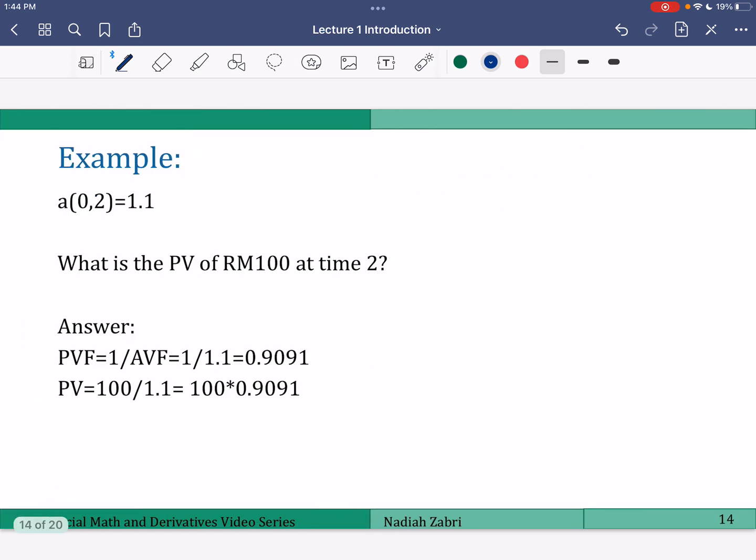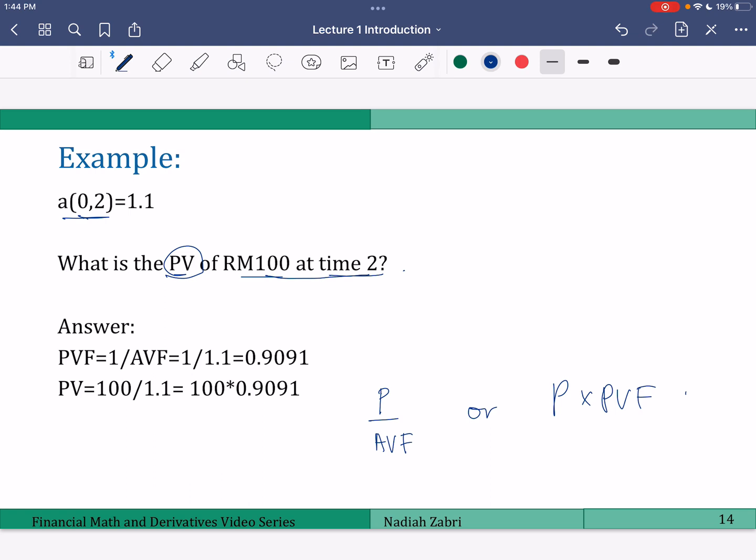Okay. Example. We are given the AVF. What is the present value of $100 at time 2? There are 2 ways. We can do P over AVF right away, or we can do P times PVF, correct?